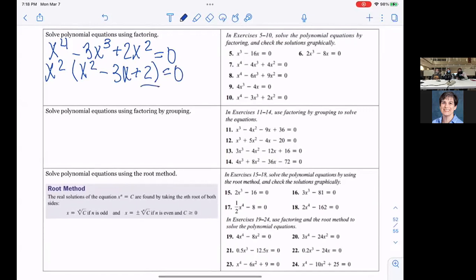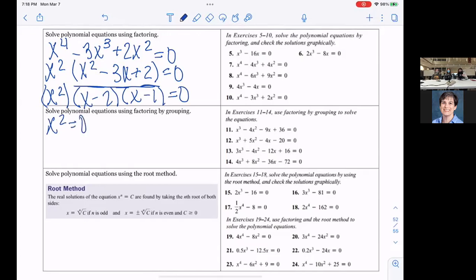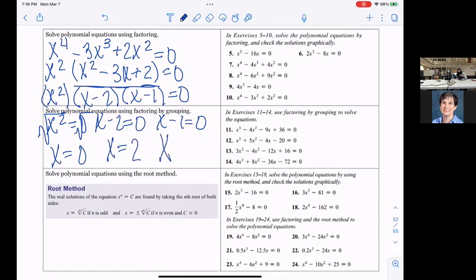And then we can factor this one even more. And it'll be x squared, x minus 2, x minus 1 equals 0. And then we can do these, x minus 2 equals 0, and then x minus 1 equals 0. And then add 2 to that and get x equals 2. And then add 1 on this one and get x equals 1. And those are your x's.